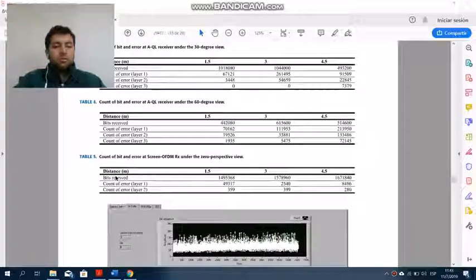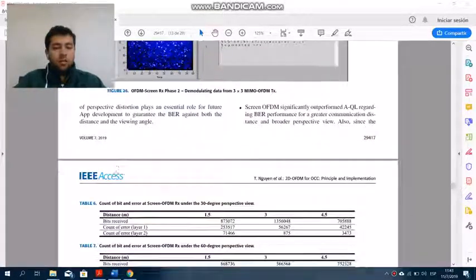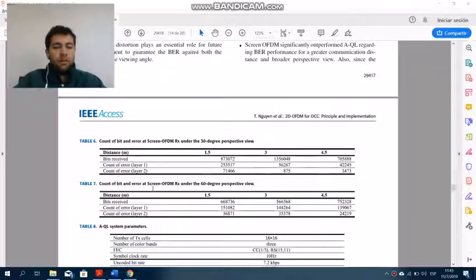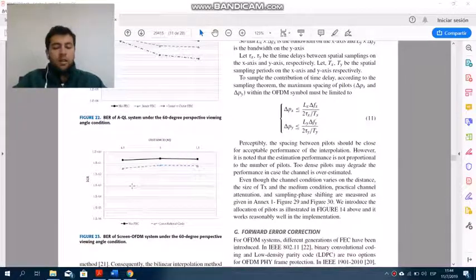Table 2 to Table 7 and Figure 17 to Figure 23 indicate the performance recorded by the AQL system and the OFDM screen system under variable conditions of distance and viewing angle.